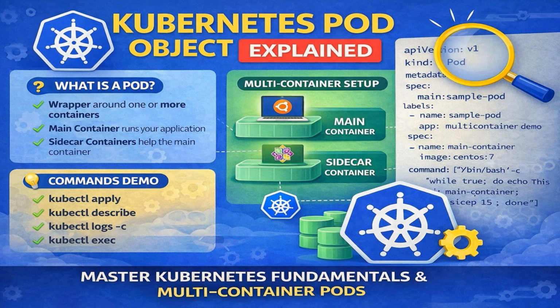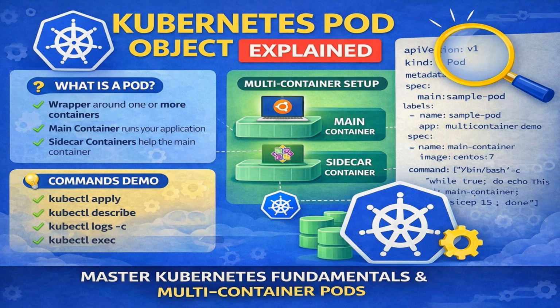Later we will focus on the administration part. Despite having multiple objects, the pod is the base. Here we are running two containers inside one pod, one for the main application and another sidecar container to help the main container. Visually there is nothing special, but internally Kubernetes is managing both containers together.